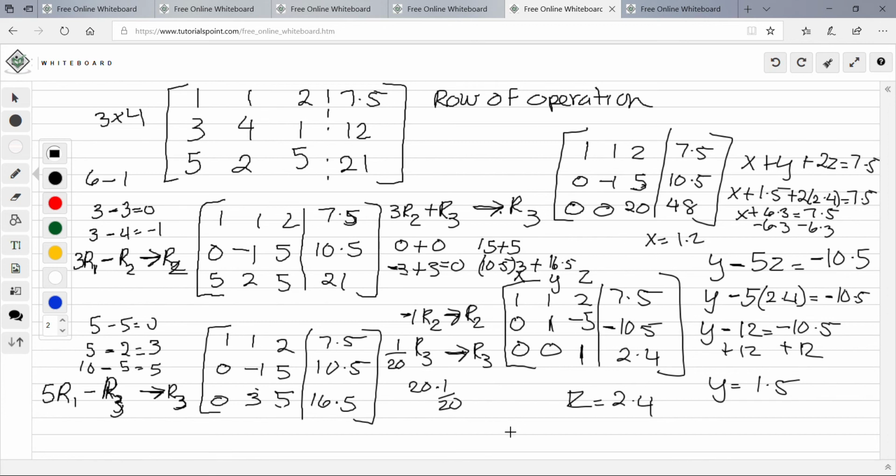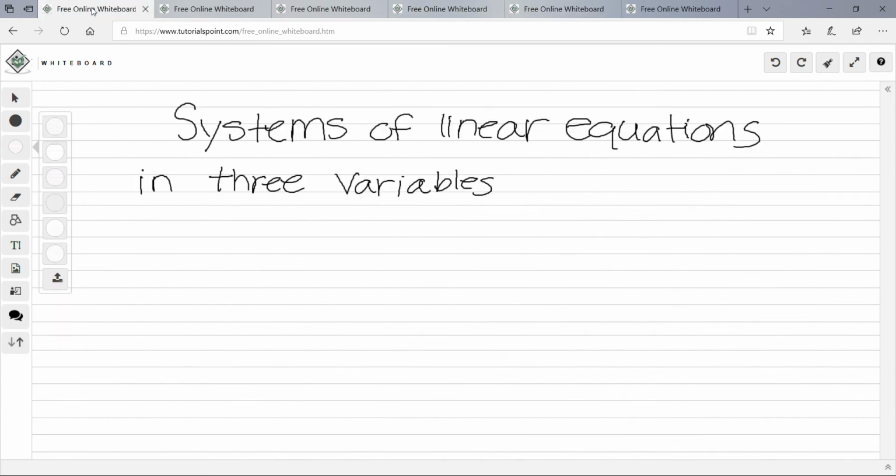So our solution is x is 1.2, y is 1.5, and our z value is 2.4. And that should equal our original equation, right?